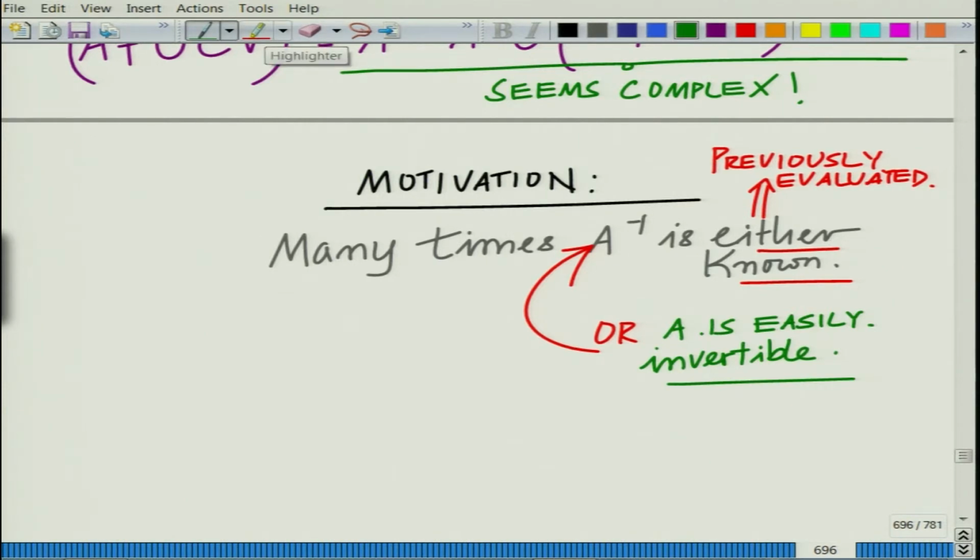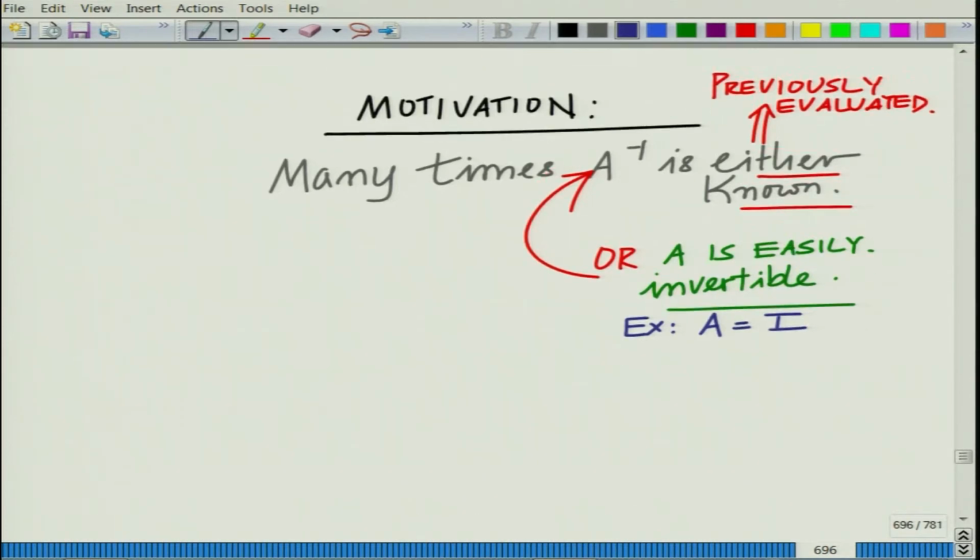For example, let us say A equals the identity matrix, a very simple example; one can compute the inverse of A very easily. Or let us say A is a unitary matrix, we know U transpose is the inverse of U. Okay. So on and so forth.